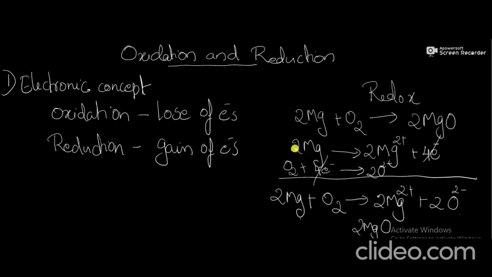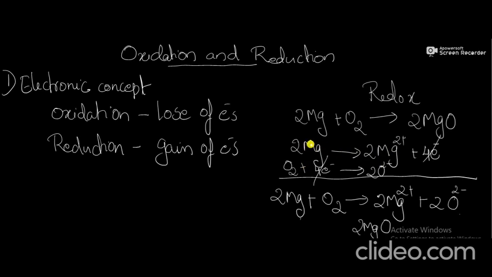Magnesium brings about the reduction of oxygen by donating electrons to it, and thus is called the reducing agent. Magnesium is a reductant and itself undergoes oxidation.